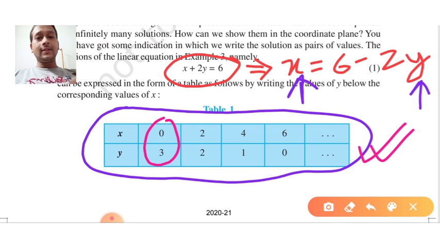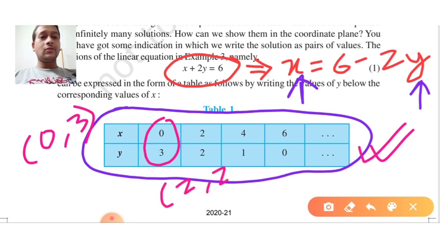This is 0, 3. The second one is 2, 2. This one is 4, 1. This one is 6, 0. So these are all different coordinates, and you can plot them on the graph paper.